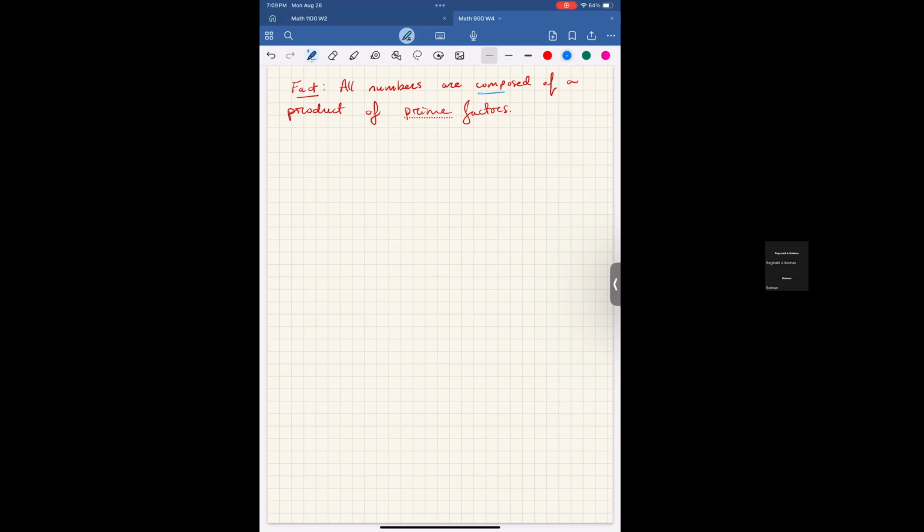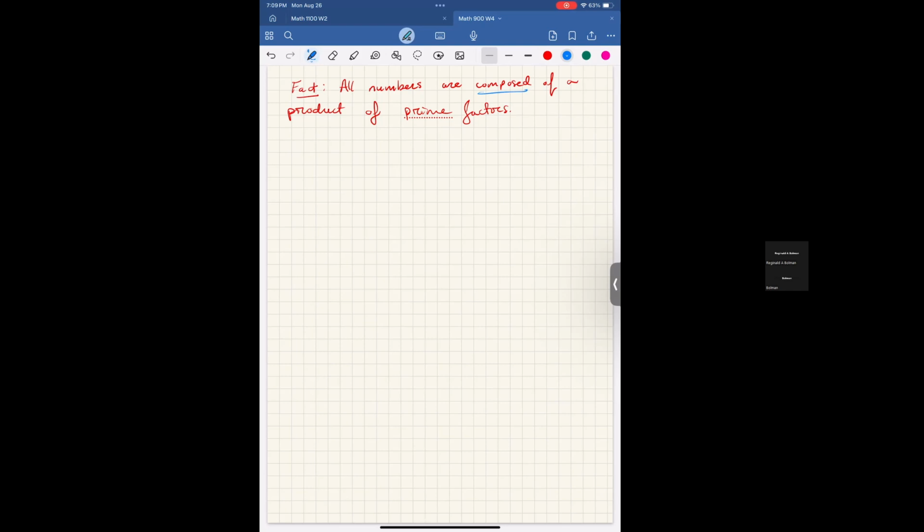Okay, composed just is a word that means built of or built from. So you could use the phrase built from or built of instead of composed. So numbers themselves are generally built of or built from a product, meaning if you take numbers and multiply them together, and what kinds of numbers are we multiplying together?